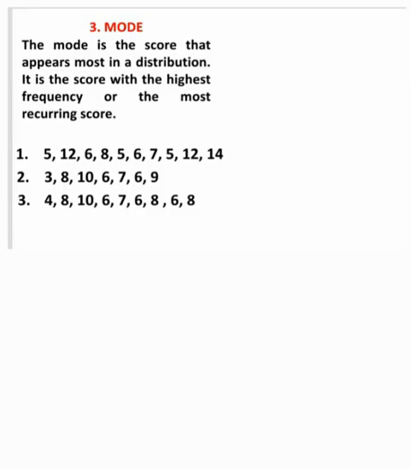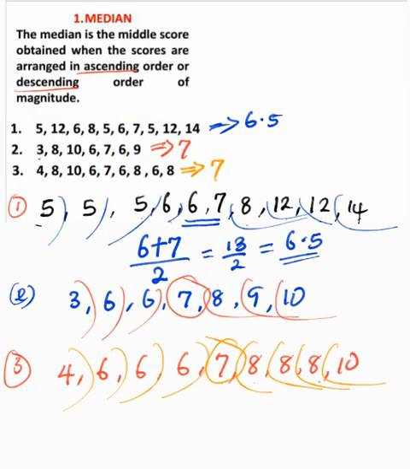So we can easily look at the question and estimate what the mode will be. We see that for the first question, just like we've arranged here, we can go back and see 5 appearing 3 times, while the other scores appear 2 times, or 1 time.